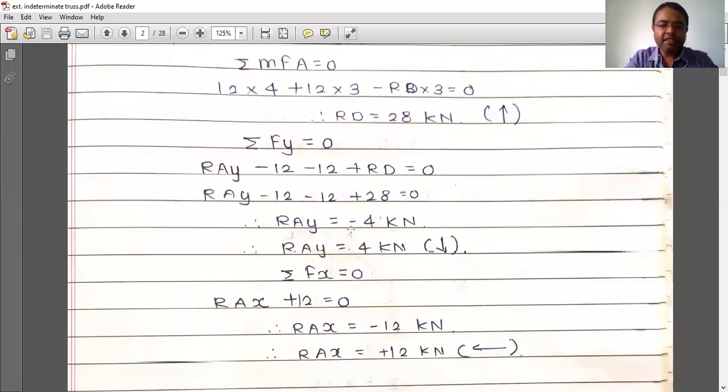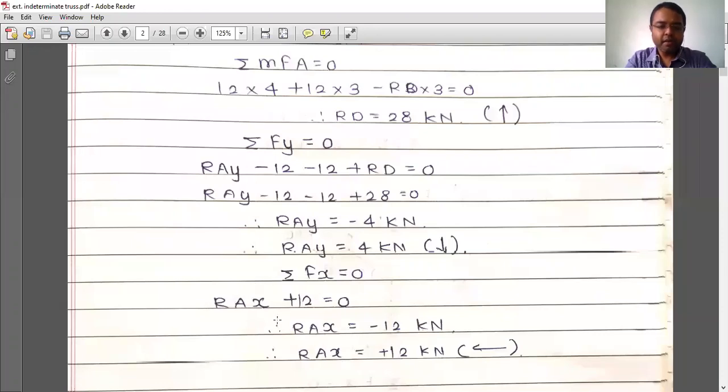Here reaction RAY we are getting minus, means the assumed direction is wrong. So we'll make some correction in the direction. So RAY finally comes out to be 4 Newton in a downward direction. Next, apply to that diagram summation Fx equal to 0.